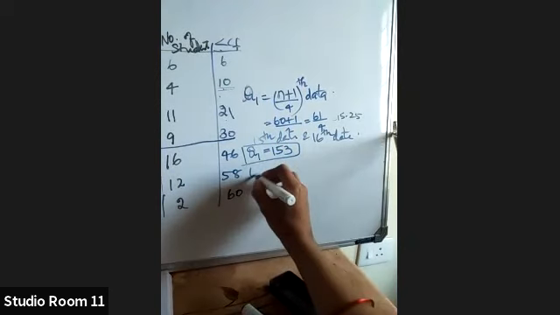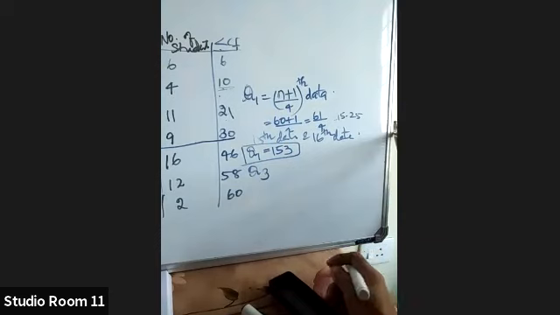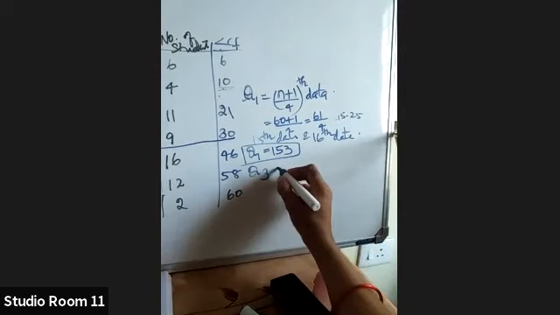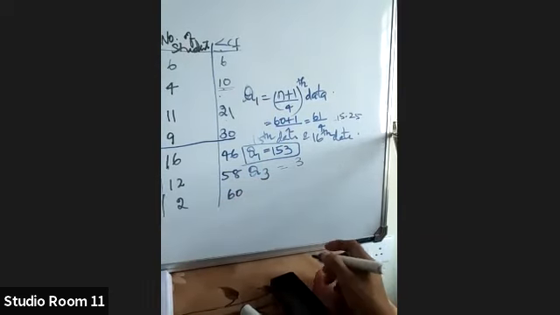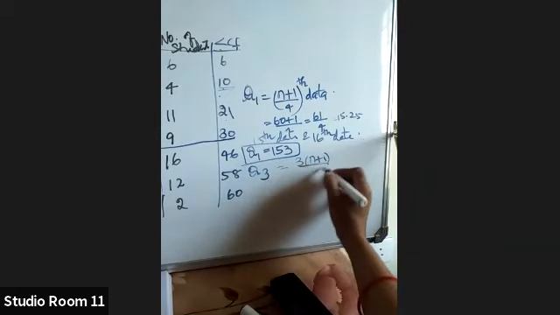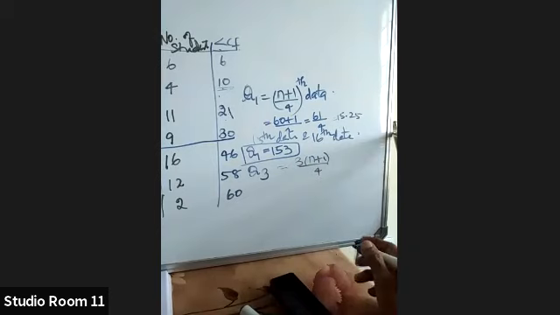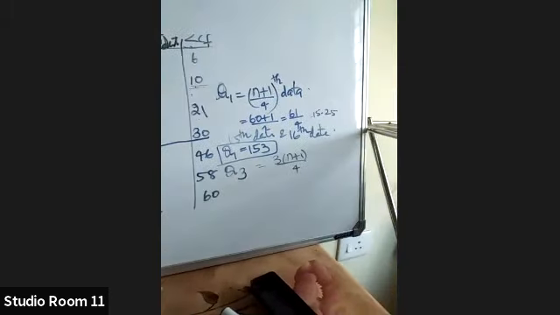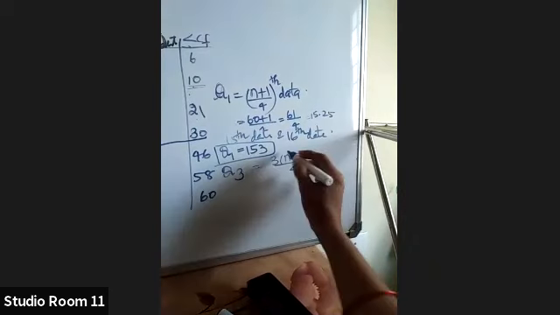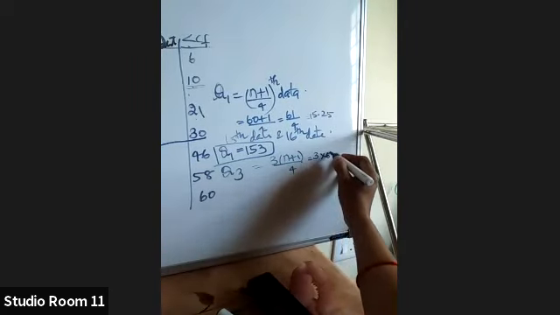Now what about the upper quartile, Q3? Q3 is 3 into (n plus 1) by 4, isn't it? So 3 into (60 plus 1) by 4, which is 3 into 61 by 4.